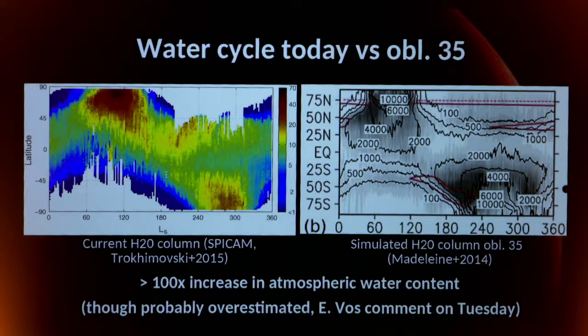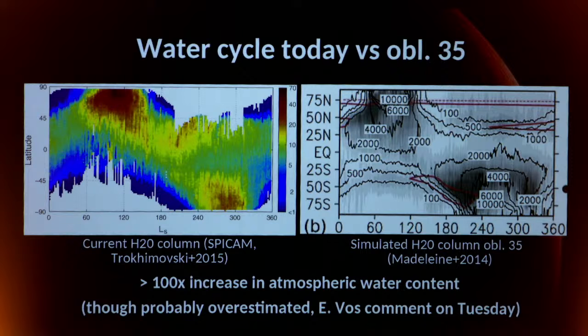If we compare the current water cycle, shown here on the left as measured by SPICAM, for example, you see that the maximum column of water vapor is about 50 to 100 precipitable microns. In this paper by Jean-Baptiste Madeleine, where he changed the obliquity to 35 degrees, he found that the amount of water in the atmosphere for high obliquity conditions can be more than 100 times larger than in the current orbital configuration.